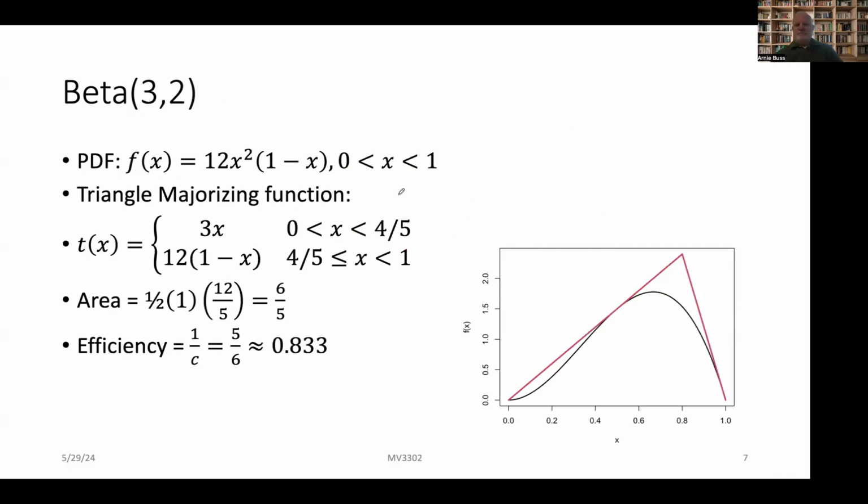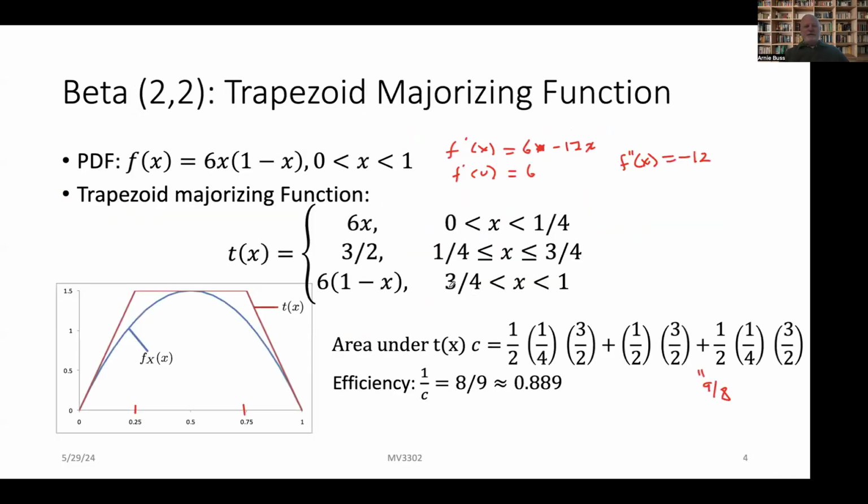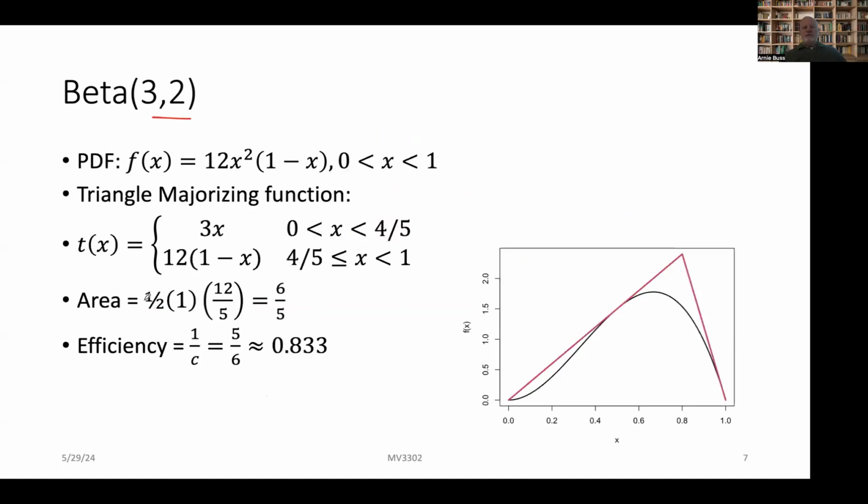Okay, so now here's what's interesting about this one. If we now look at a beta 3 and 2, for this one we were concave at the origin, but for this one we're not. For this one we're actually convex at the origin, and then we're concave over here.